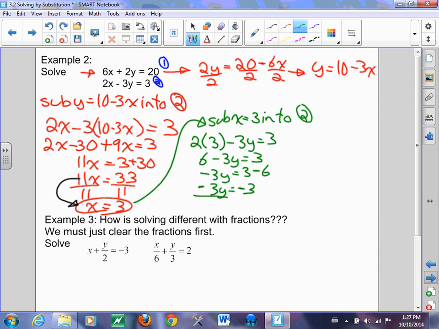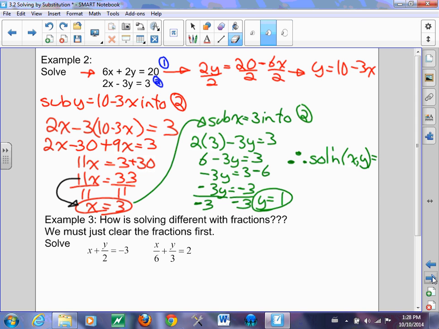Divide both by, careful here, negative 3. And negative divided by negative is a positive, and 3 divided by 3 is 1. Okay? And then don't forget your concluding statement. Therefore, solution (x, y) equals, sorry, I'll put the equals down below, there's not enough room there. Equals 3 and 1.